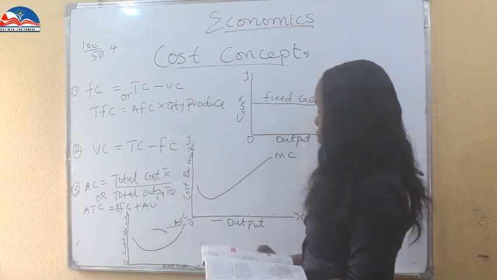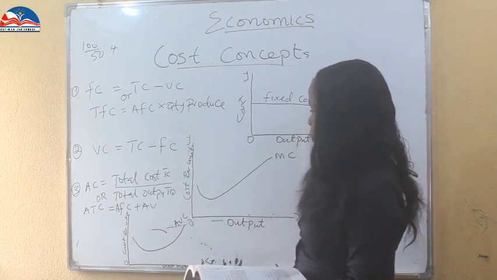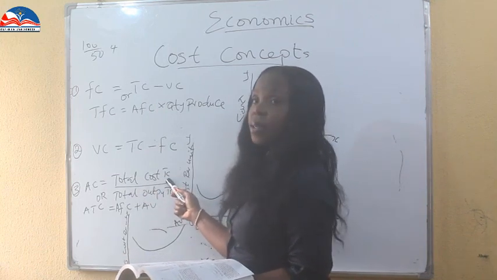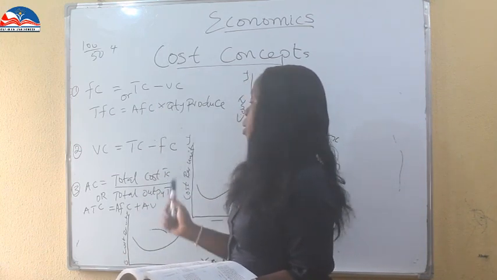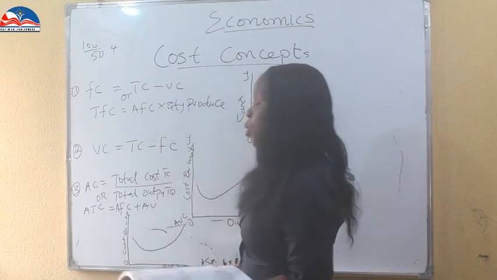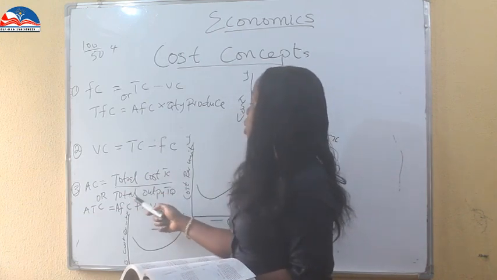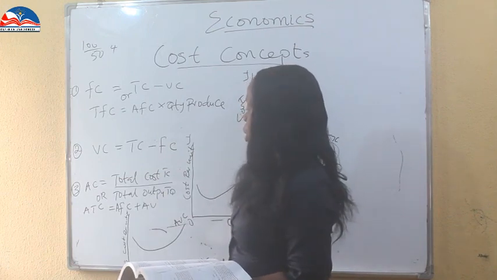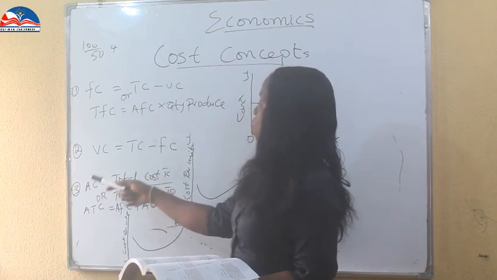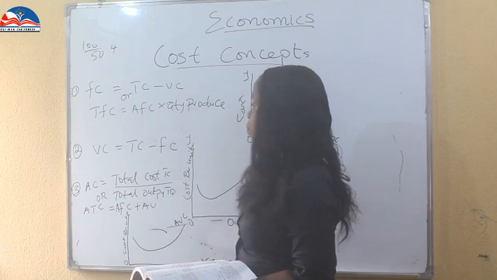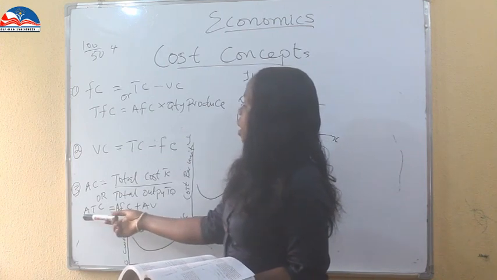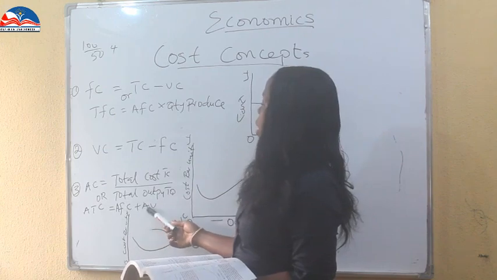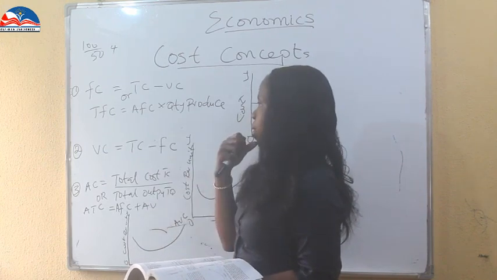Now let's look at average cost here. Total cost, which is TC, which is the total cost incurred during the production process, divided by total output or total quantity produced. That will give us our average cost. Or we say average total cost is average fixed cost plus average variable cost.